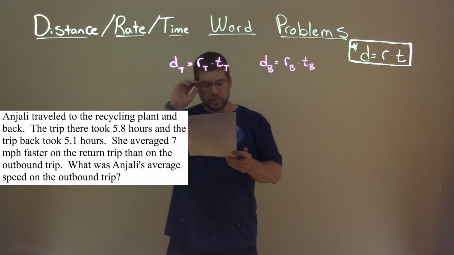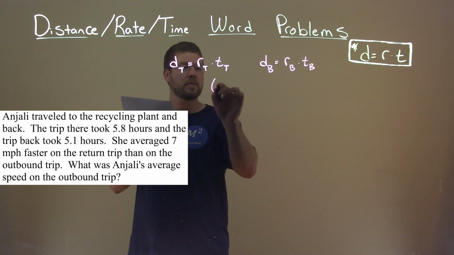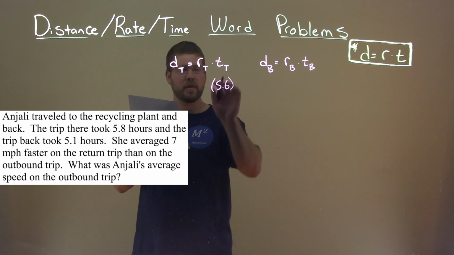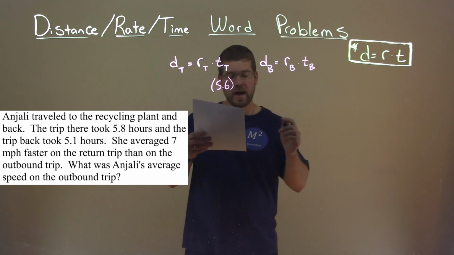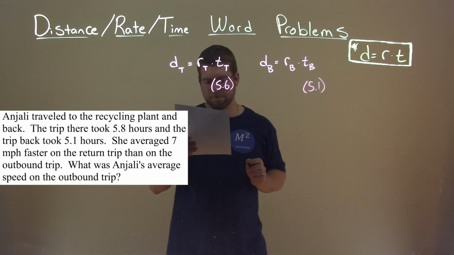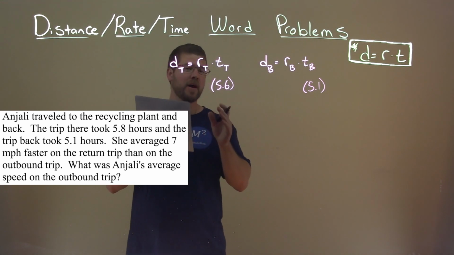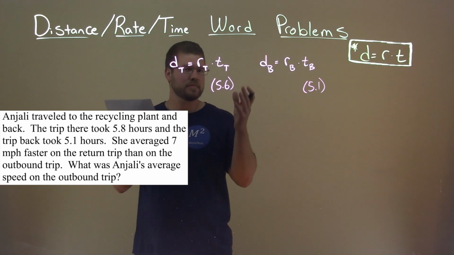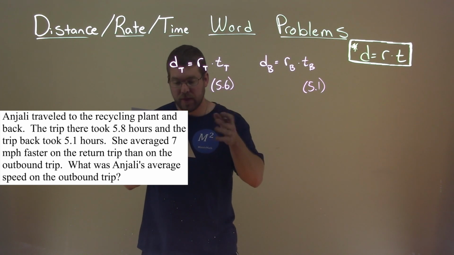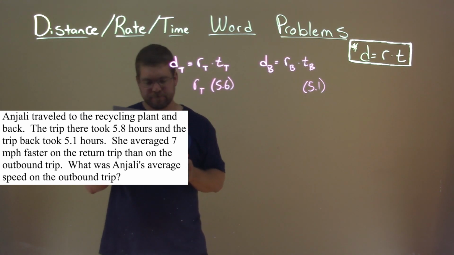And so what do we know? Well, the trip there took 5.8 hours, so let's plug that in for the time there. And the trip back took 5.1 hours. What else do we know? Well, we want to find Anjali's average rate on the outbound trip going there, so that variable is going to stay right here.